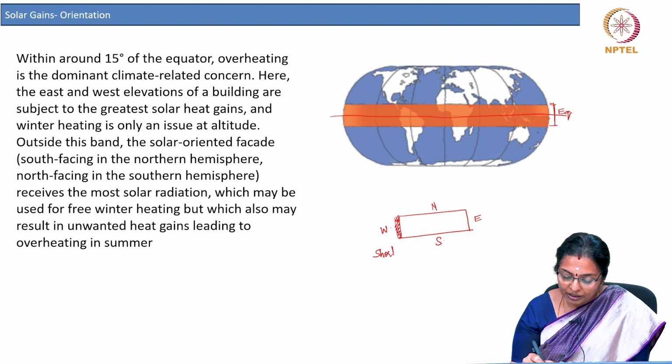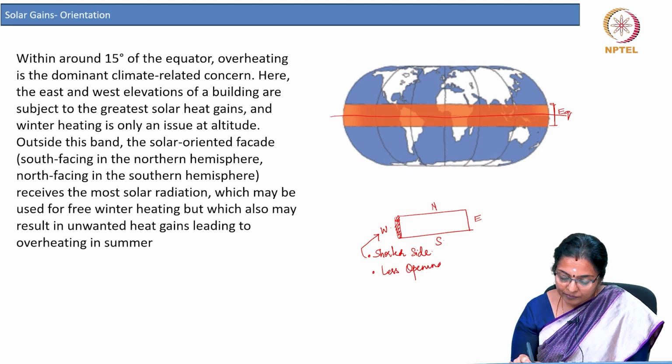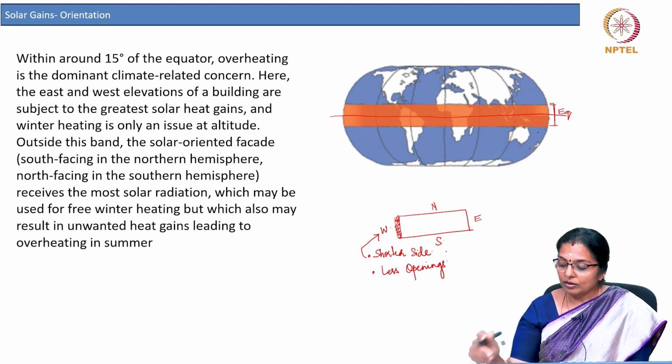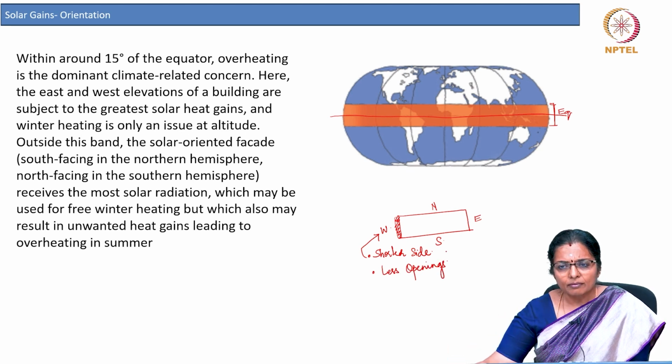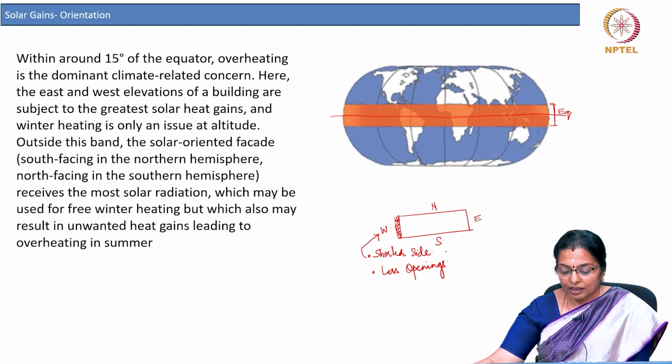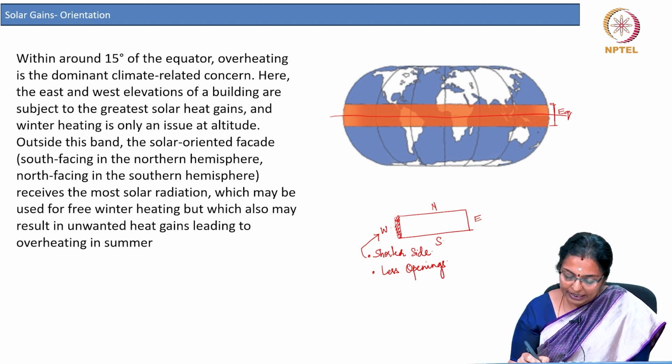I will keep on repeating this during the course of this lecture also. The west facade should be the shorter side, and it should have fewer openings along this belt. There is another criterion also, we will come to that a little later.